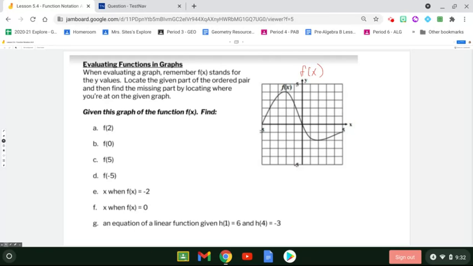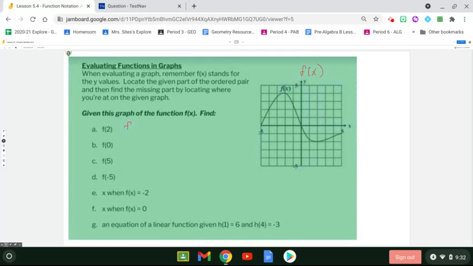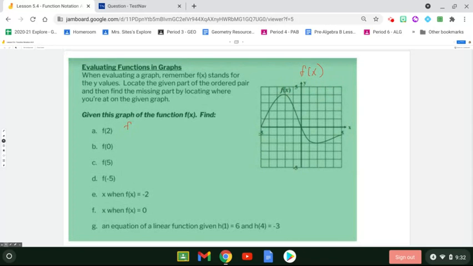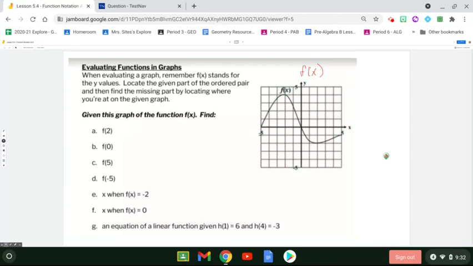So if we know the x value is equal to 2, we want to find what's f of 2. So what's kind of like the y value when x is equal to 2. So what we're going to do is we're going to go over on the x-axis to 2 for our first problem. And let's see, here's 1, here's 2.